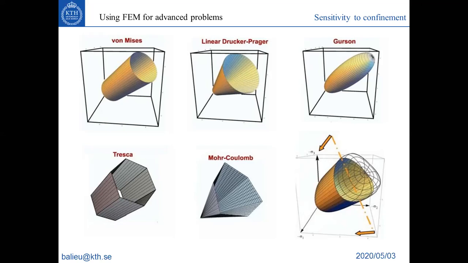So you have to be aware of all these aspects, and you have to know what is the purpose of an advanced yield surface, why you should use it or not. Again, you cannot use a very advanced yield surface for all materials. You cannot say I will use this because it will work for very complex material, so it will work on a simple material. It's not working like that. All the different materials have different yield surfaces, so you have to choose one yield surface which is good for this kind of material.